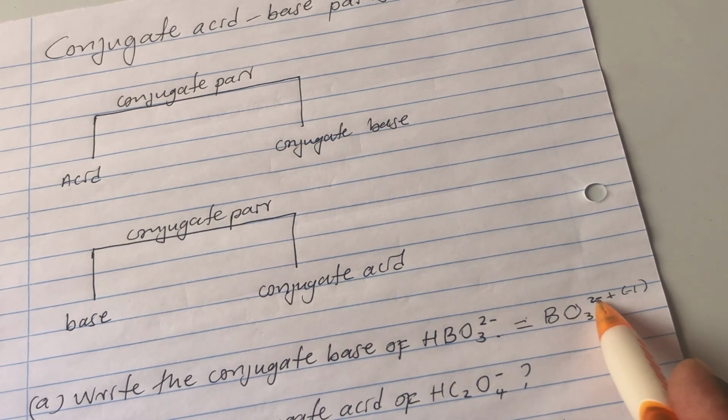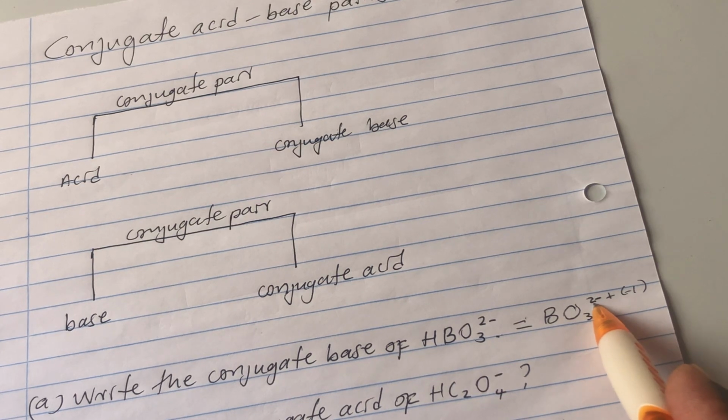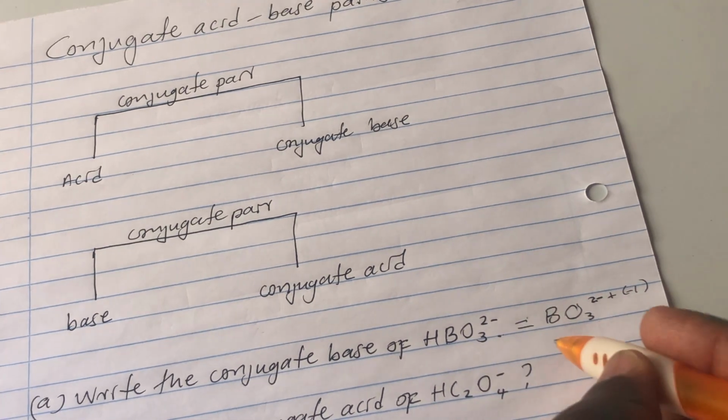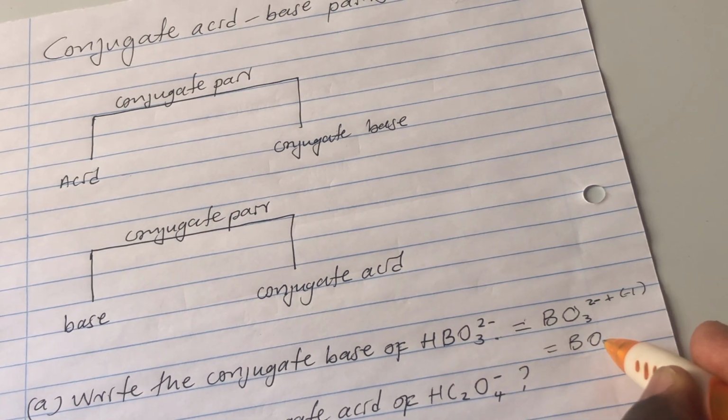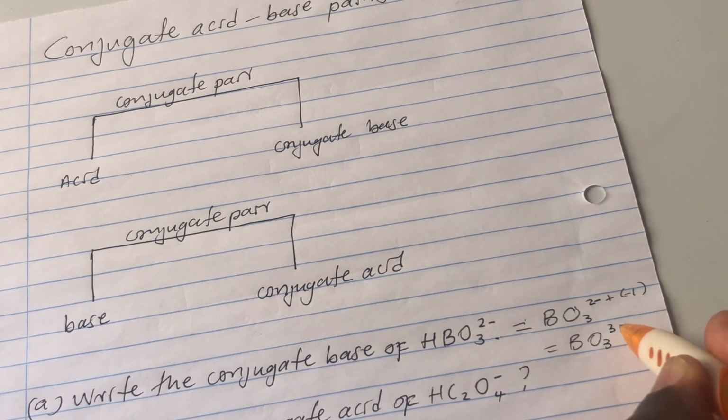If you find the sum of this, your final answer will be B, O, 3, 3 minus.